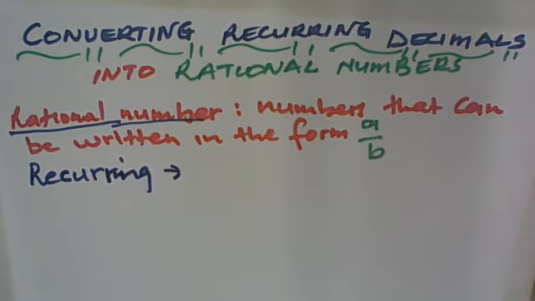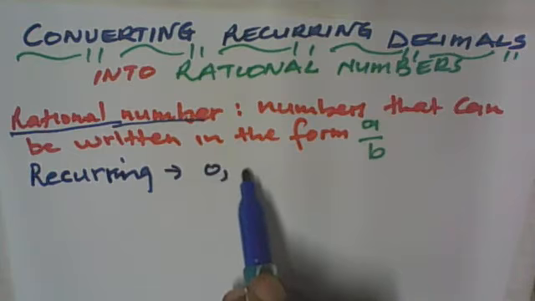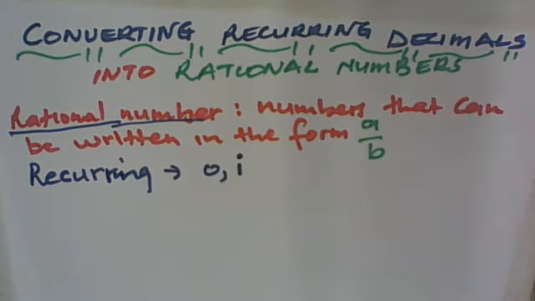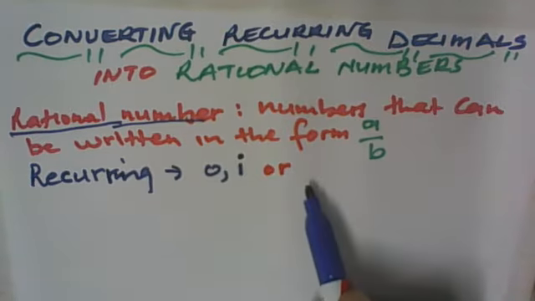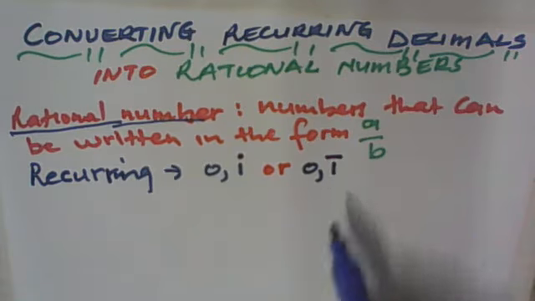Now, all those numbers that are recurring, the first one, it can be 0,1, and then sometimes you'll get a dot on top of a number, or in other books, some writers write them as 0,1, and then on top there, it's a bar.